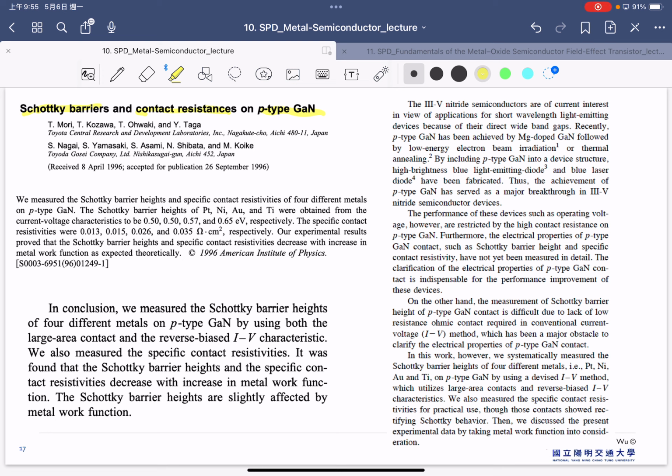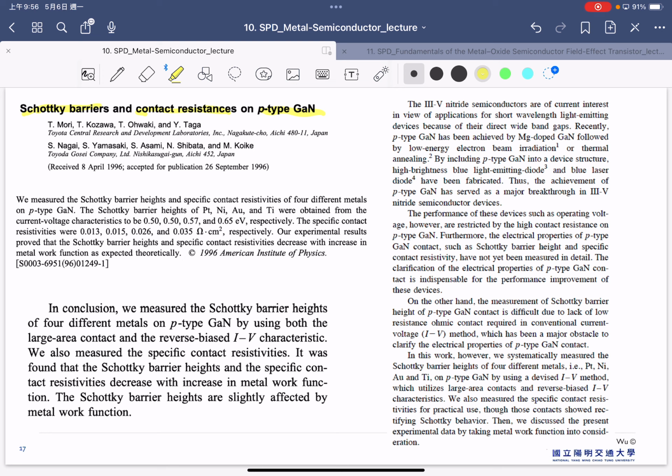In the early days, people already found out that gallium nitride is a very promising material. In the beginning it was used for LED, for lighting applications, and later on for power or RF. But no matter what application, LED, power or RF, it always suffers the issue that we need a good Schottky barrier height and a lower contact resistance in the doped gallium nitride material here.